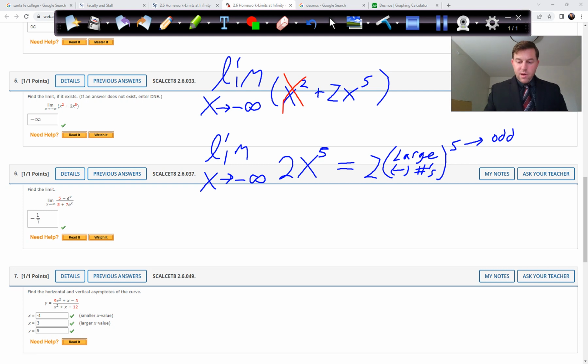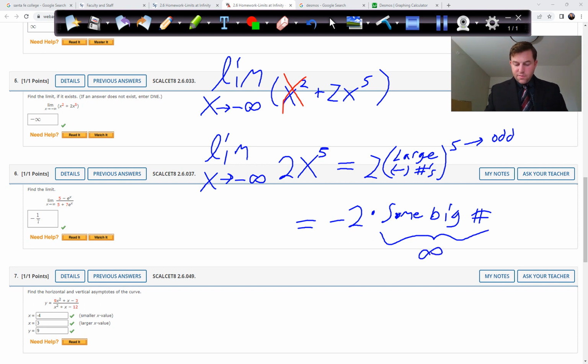So odd powers with negative numbers, the minus sign will stay. So this is going to equal minus 2 times some big number. And we're going to call that some big number infinity. And 2 times infinity is still infinity, but there's a minus sign in front of it. So we're going to get minus infinity.